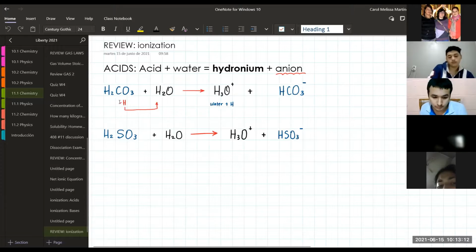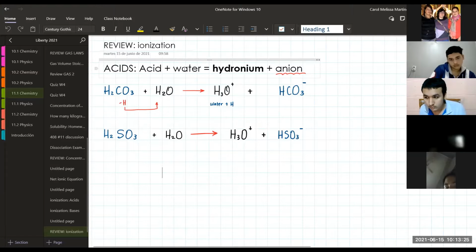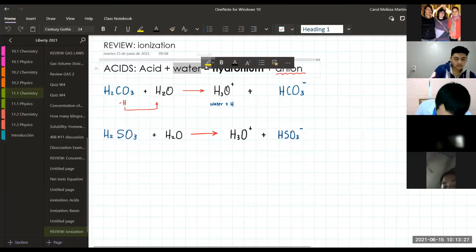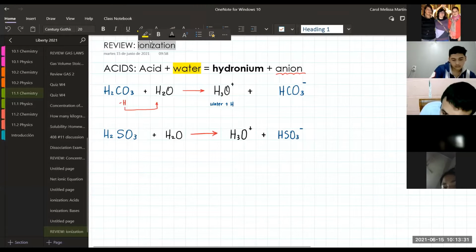Sometimes I'm going to give you this addition like that or just the acid. But the moment I say ionization, you know that it involves water, okay? Ionization involves water.